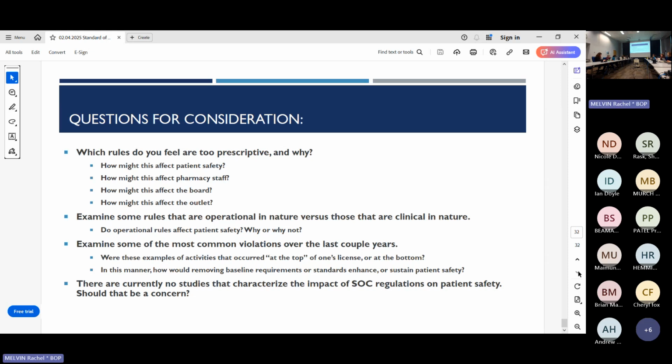And lastly, there are no current studies that characterize the impact of standard of care regulations on patient safety. Because these boards typically only investigate complaints that come in due to violations of the standard of care and professional conduct, and not in the same manner that we do, there are markedly fewer cases that these boards see.